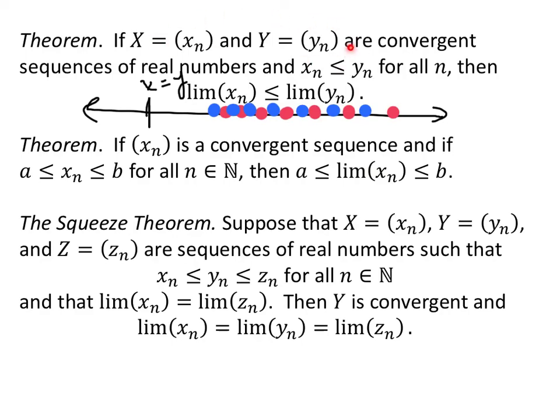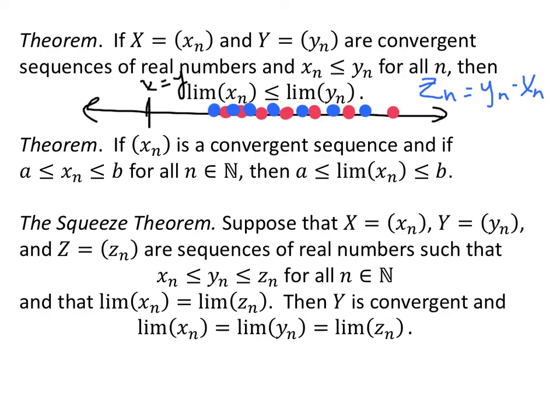This theorem is actually proven by taking our previous result and forming a new sequence, z sub n, which is the difference y sub n minus x sub n. Since y sub n is always greater than or equal to x sub n, y sub n minus x sub n will always be greater than or equal to 0, so z would have to converge to some number greater than or equal to 0, which gives us that result.